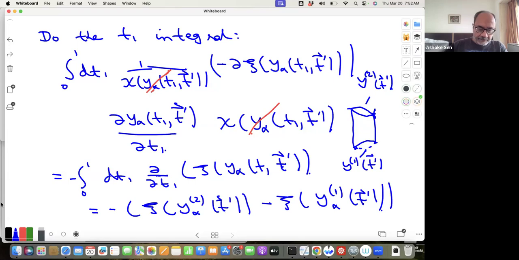So now you see what has happened is that the spurious pole has passed through. Now you have to do the integral over t prime on this line and on this line, right? But those don't have any spurious pole. The spurious pole was going like this, and it was going like this. It has passed. So the vertical part of the cylinder, you have done the integral.